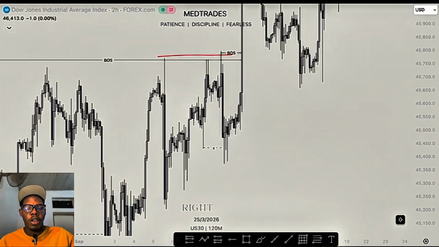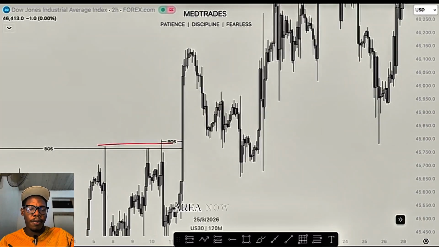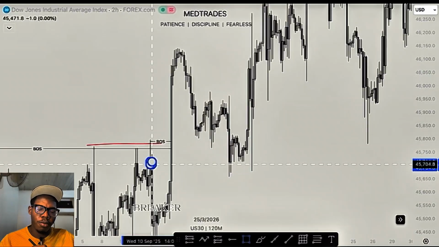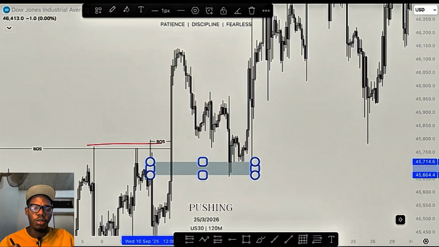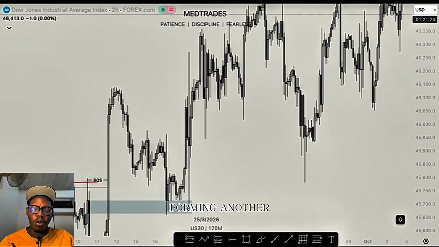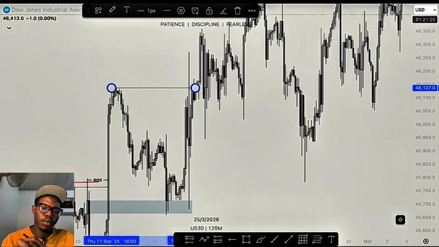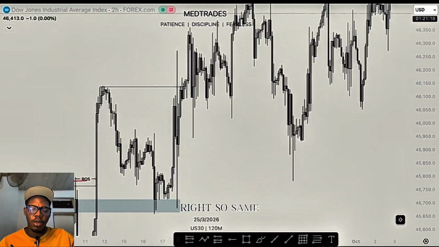Now look at this area right here. If you look deeper, you will surely see a liquidity, but price just came into this breakout block and continued pushing up, forming another breakout structure right here. So the same thing again.